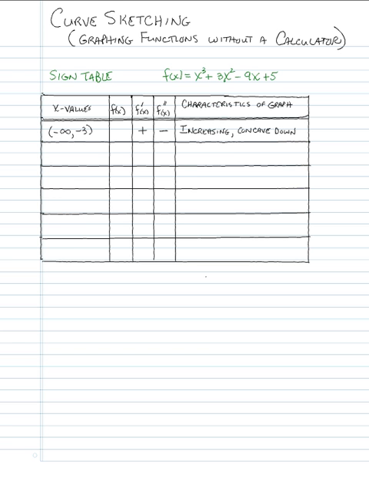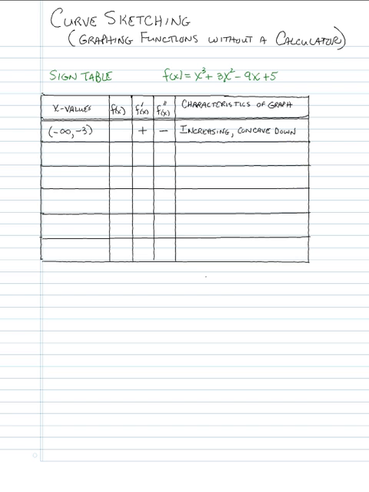Now, I've written the first line of this sign table just to discuss it and see how we gather information for it before your attention is distracted. So let me just show you what we have.